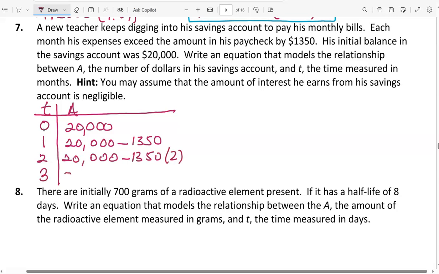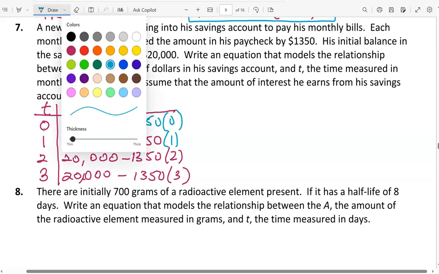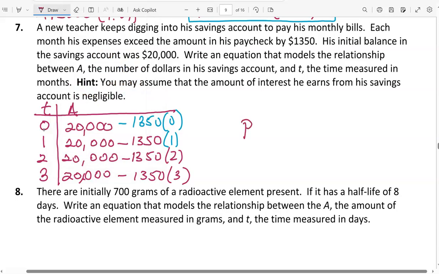At the end of 3 months, 20,000 minus 1,350 times 3. I'm going to go back and put in an implied multiplication and an implied subtraction. And so it appears that the amount A in the savings account is equal to $20,000 minus 1,350 times t, a linear relationship.